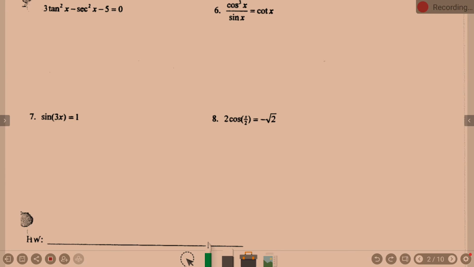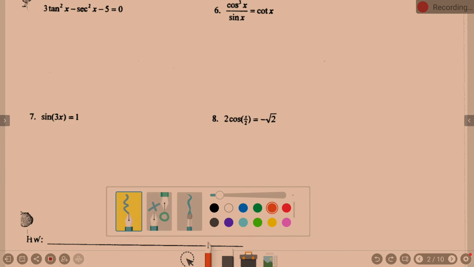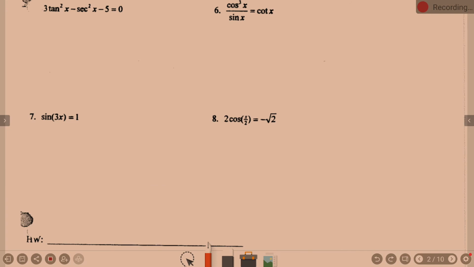Thoughts? Things you're noticing? What's different about this problem? My last problems, 3 was all in terms of cosine. 4 was all in terms of sine.